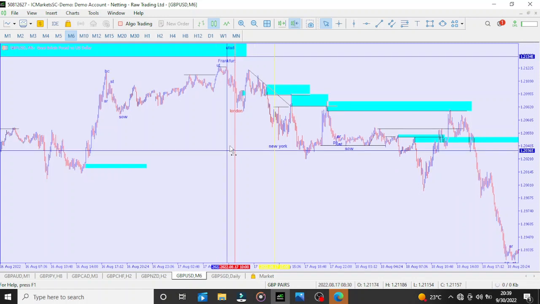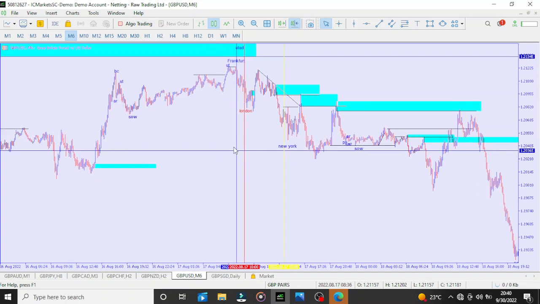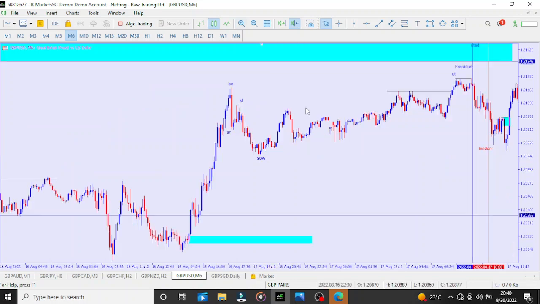So this was a nice trade, especially after I noticed how time and price are effective, how price leads from one session to another, and, how am I going to put this? It goes with higher time frame bias. So this was a very nice trade, guys.